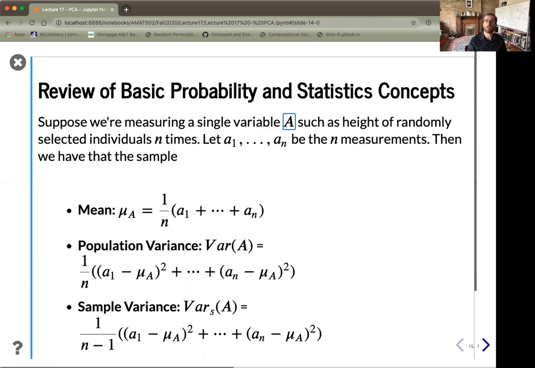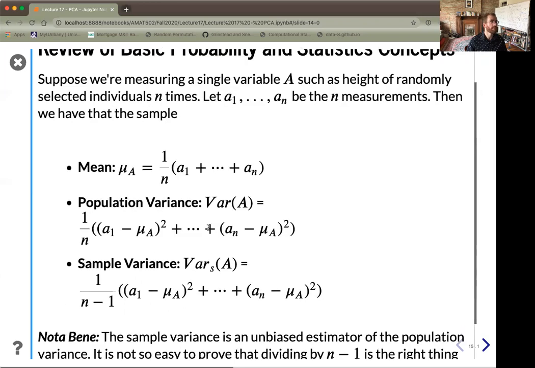We can't perfectly predict someone's height. It's a quantity which varies. But we could pull out some summary statistics from this sample of these n heights that we've measured. So one is the mean, and that's where you just add up all of these and you divide by n. But then we've also got things like the population variance.